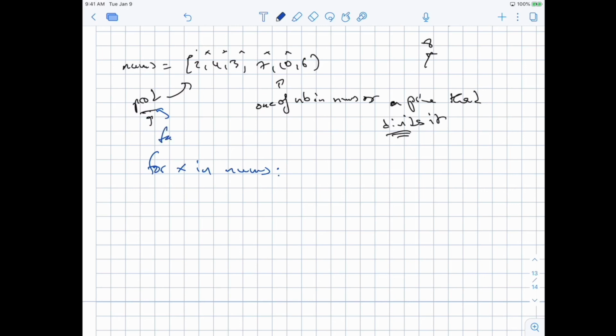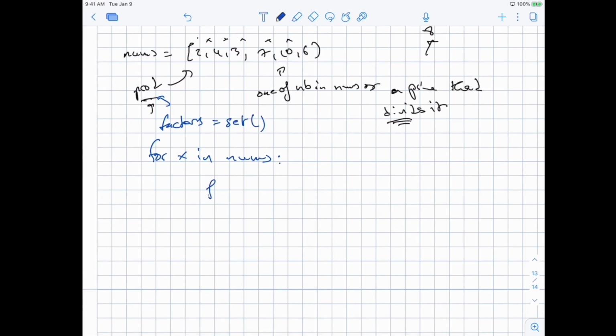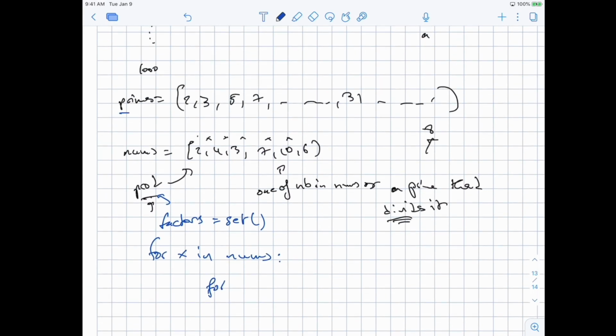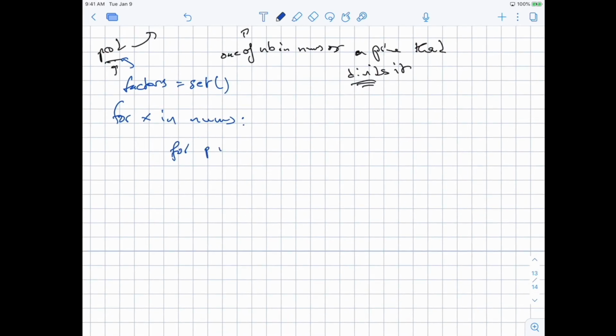And because a number may divide multiple of the numbers in the array, we want to make this a set so that we don't overcount, right? And so we can just go through the primes, because we already pre-calculated them here, right? And check if any of them divide x, because then that means it's a prime factor of prod, right? And so if x is divisible by p, then we want to add it to our factors of the product.